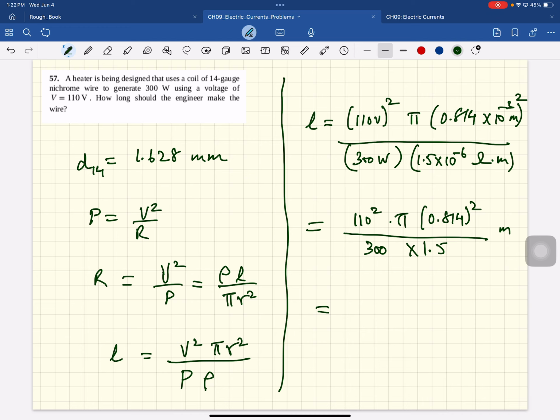All equal to 56 meters. So for this heater, you need 56 meters of the nichrome wire. 56 meters is roughly the length of this building down that hallway.